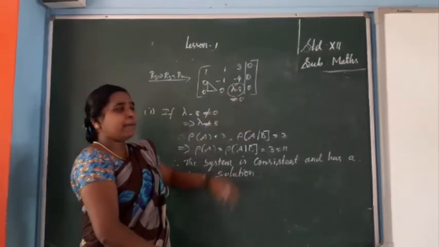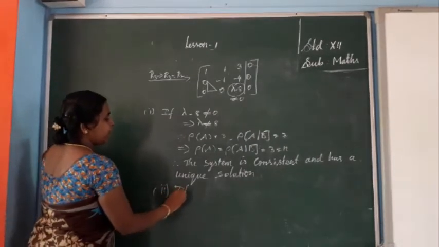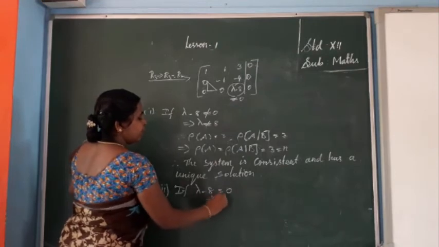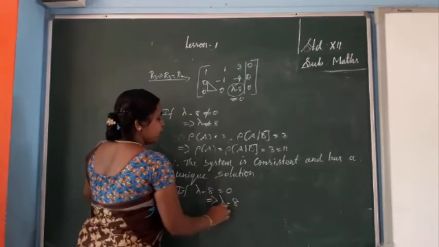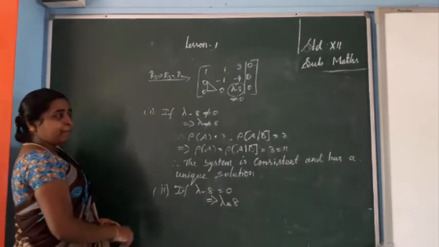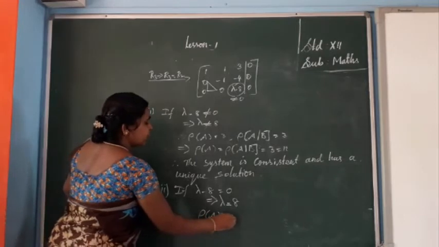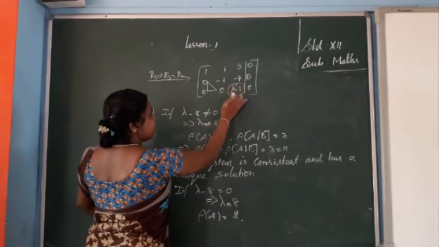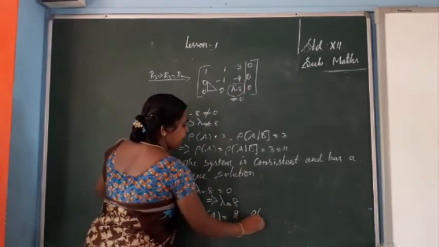Suppose lambda minus 8 equal to 0, which implies lambda equal to 8, taking it to the right hand side it becomes positive. So if lambda equal to 8, 8 minus 8 is 0, so rank of A is 2. Then rank of AB also 2.